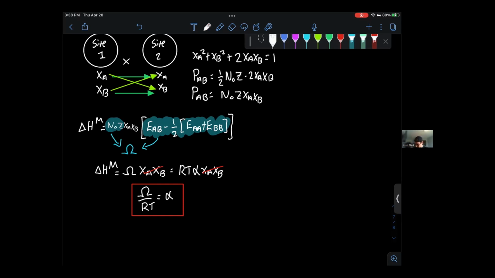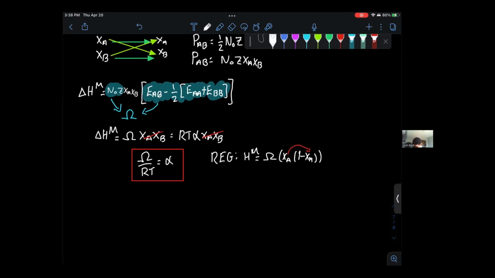So our regular solutions are going to have an enthalpy of mixing of omega XA times XB. If we say XB is 1 minus XA, you can see that we're going to end up multiplying XA by XA, which is going to give us a parabola if we were to have XA being the x-axis.